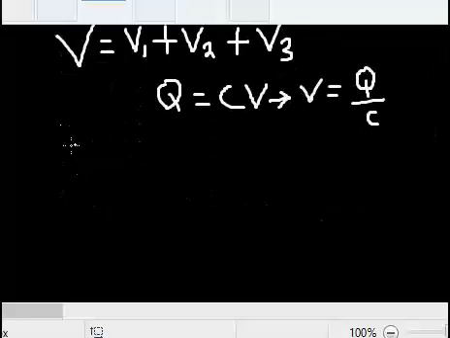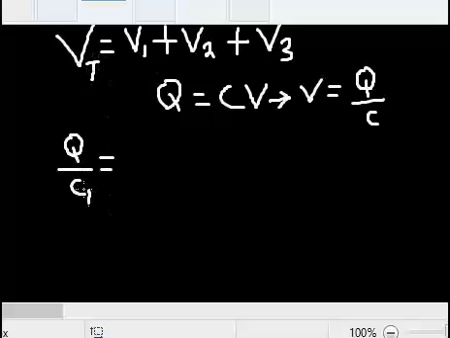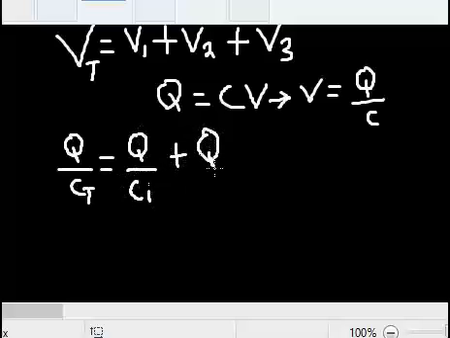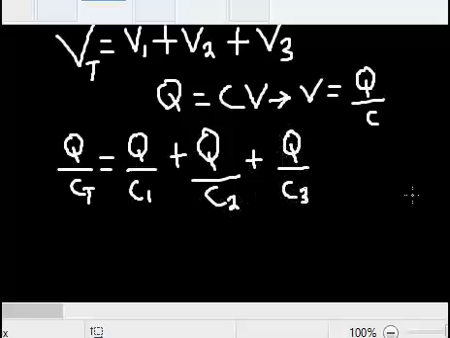I'm going to have Q all over C total, since the supply voltage is the total V, equal to V1, which is Q all over C1, mind you Q is the same, then V2 is Q all over C2, and V3 is Q all over C3.